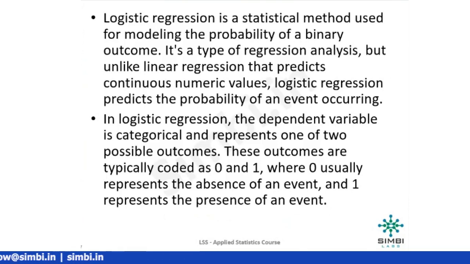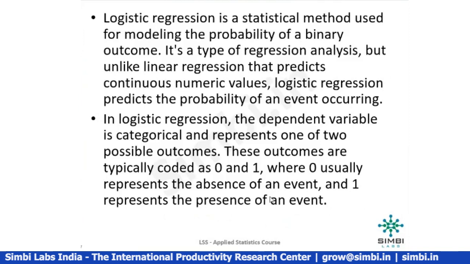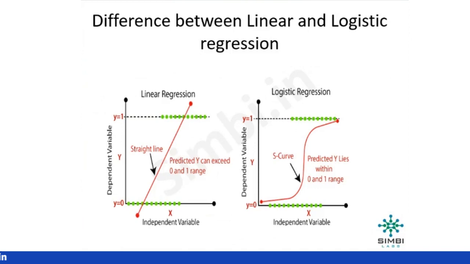If you want to go deeply into this regression analysis, first of all we should be thorough about linear regression as well. So what is the main difference between linear and logistic regression? Linear regression is used for solving regression problems, and logistic regression is used for solving classification problems.